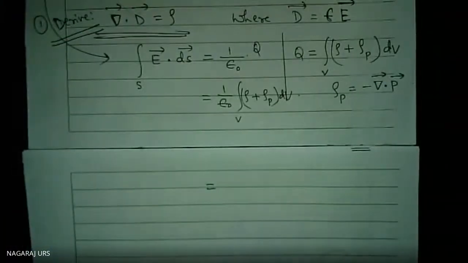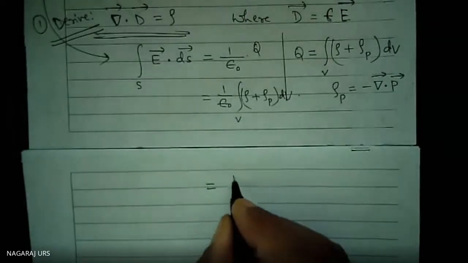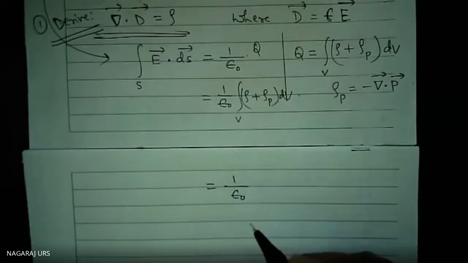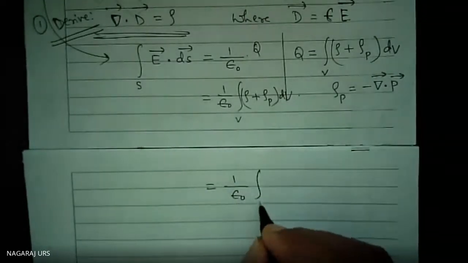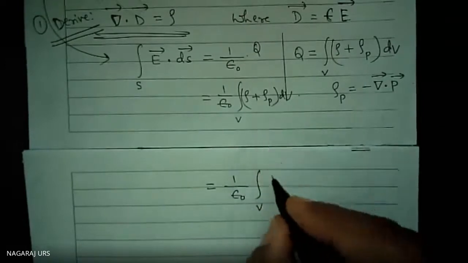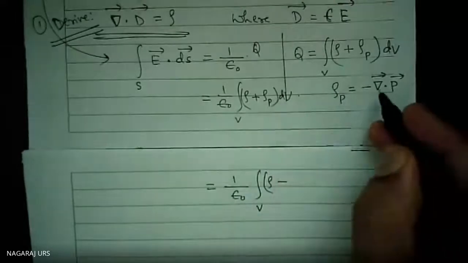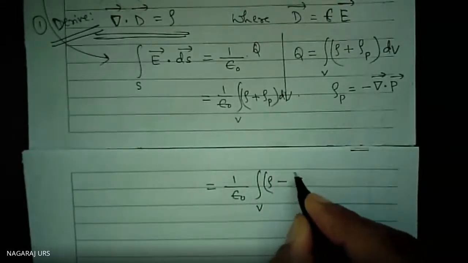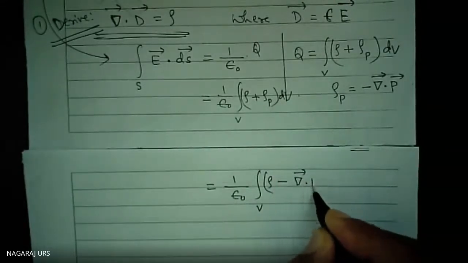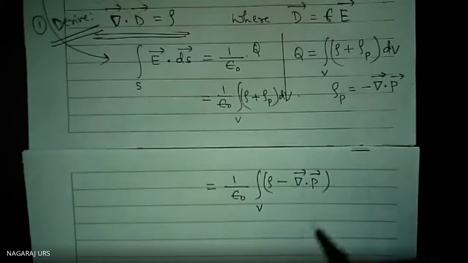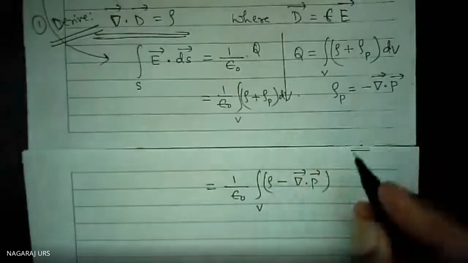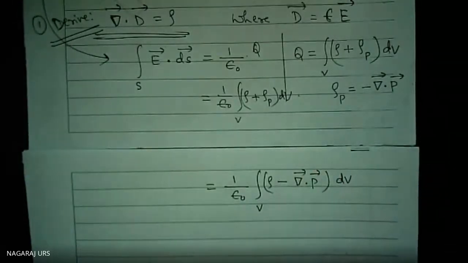That is equal to 1 by epsilon naught times the integration over V of rho as it is, minus rho P, which I will write as del dot P, into dV as it is over a volume.